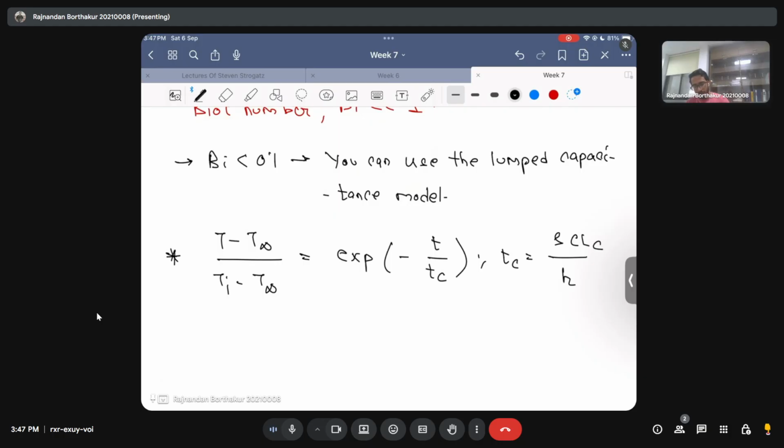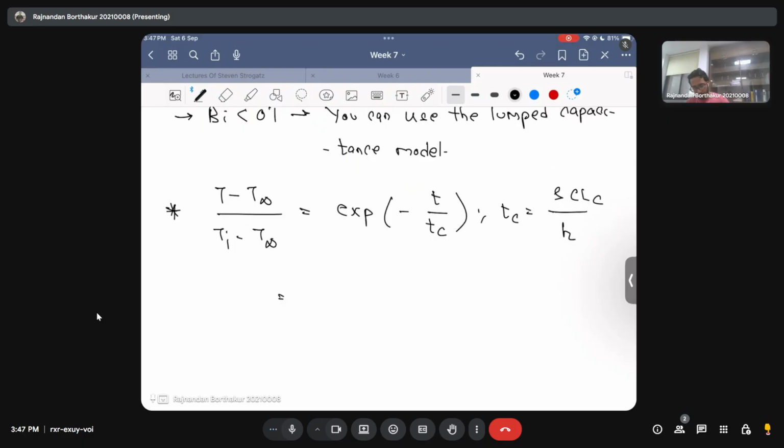So if we just substitute the value for tau c, we can infer some interesting things here. And this is what we will do. I'm just substituting the value for tau c, and then this just becomes h t times h by rho C Lc.